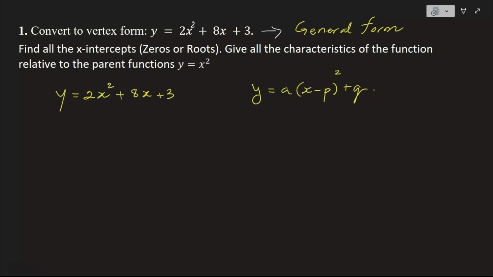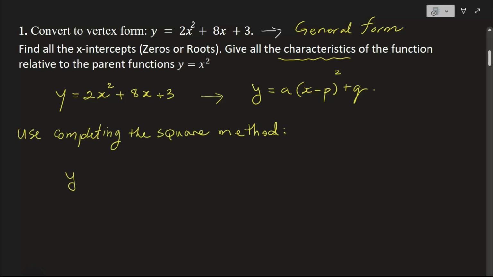So we have to change from the general form to this vertex form with the a in front. That's the expansion or compression factor, and therefore you can tell if the graph opens upward or downward. That will give us the characteristics of the graph in every way, including the axis of symmetry. All right, to do this we use the completing the square method.